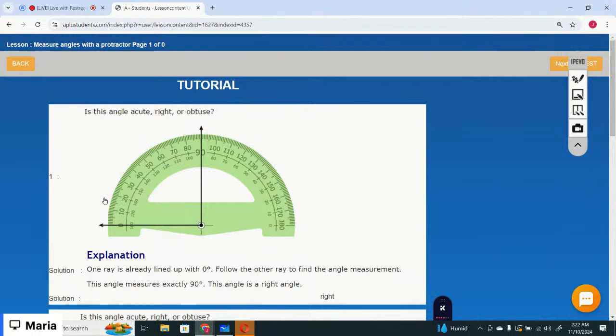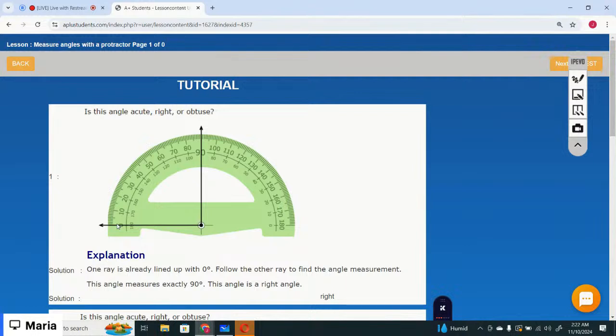The protractor has angles starting from this side, from 0 to 90, right? If you look at the outer side, that is from 0 to 90, and then it continues from 90 until 180, right? And on the inner side, you have from 0 to 180. That means you can measure both ways, the inner one or the outer one, right?